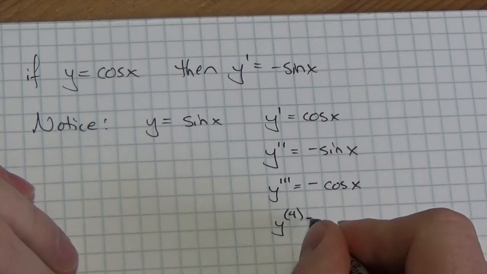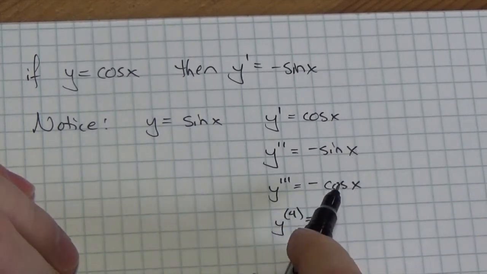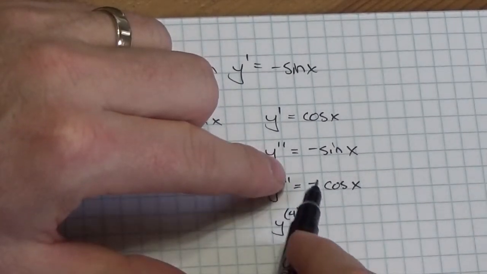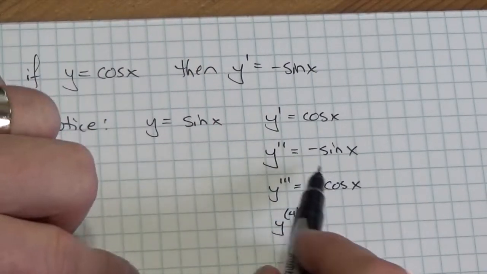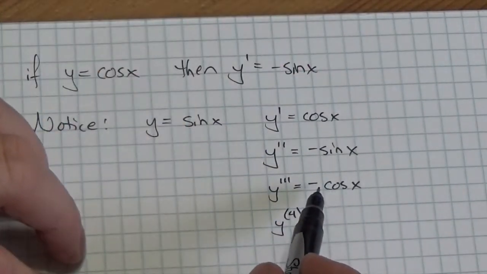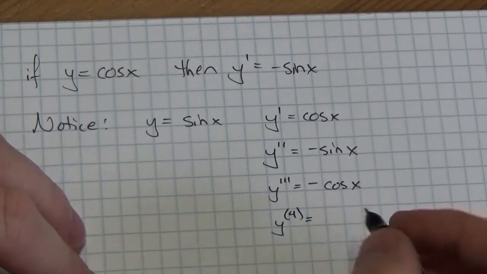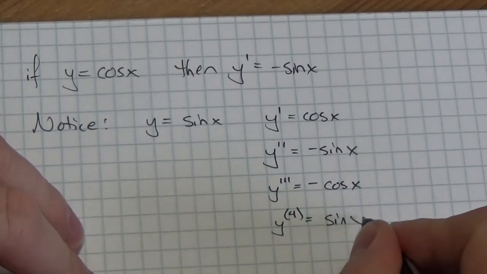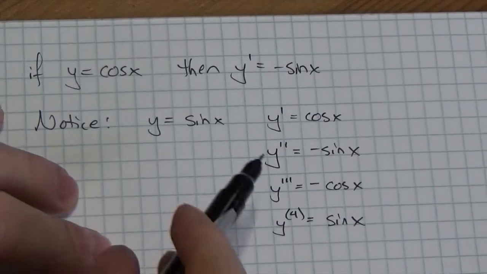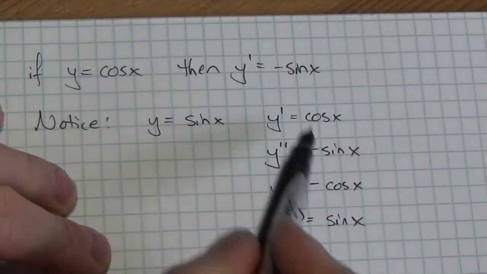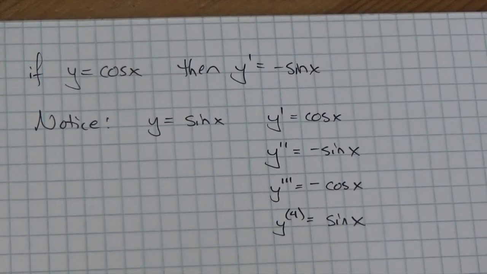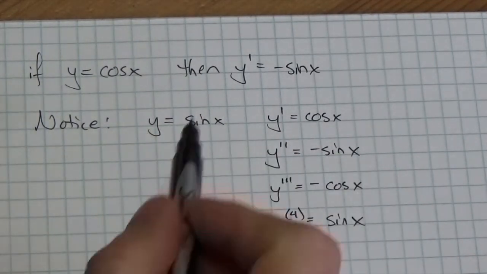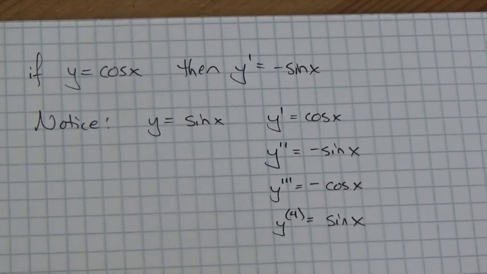And if I take the fourth derivative, again, we don't worry about the coefficient here. We'll deal with that in a second. The derivative of cosine is going to be negative sine. Another negative pops out, which is going to make that positive, and we're simply going to be left with the sine of x. And so notice how 4 derivatives later, we're right back to the original function. So there's this nice little loop in the derivatives that we take.